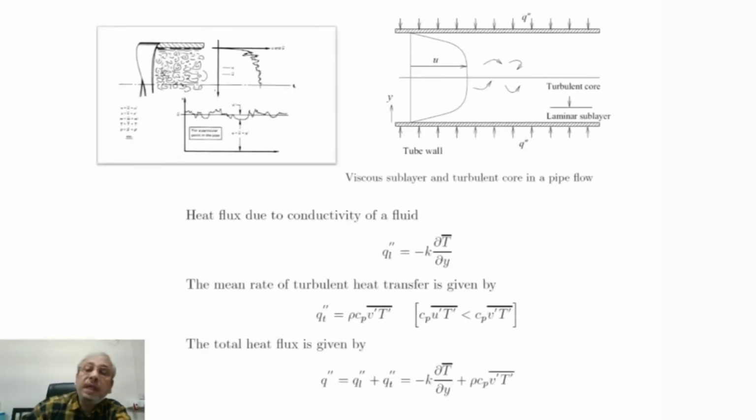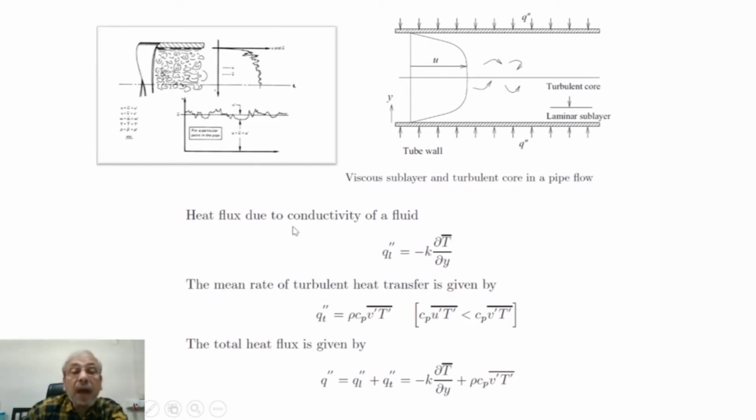Basically, we consider a pipe or circular tube, and if the turbulent fluctuations are averaged out, we get some such profile, and then we say that there is a turbulent core region and very close to the wall a sublayer region. This we have already discussed.